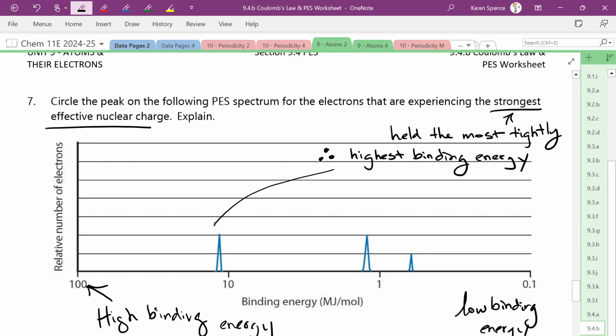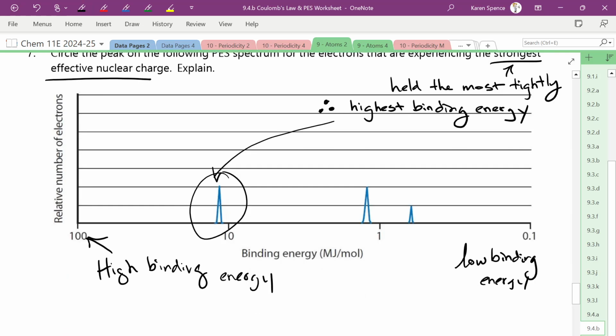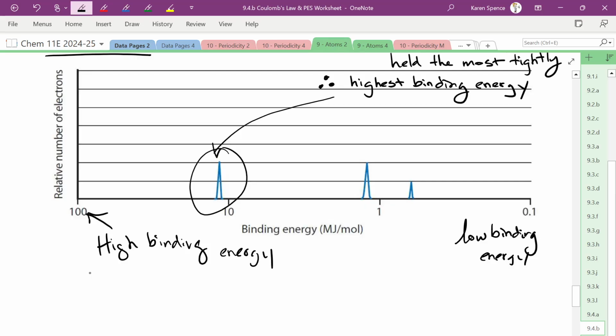So the highest binding energy is going to be here. And if you wanted to explain why, it's because those are the 1s electrons. Therefore, they are closest to the nucleus and experience no shielding because they are inner electrons.